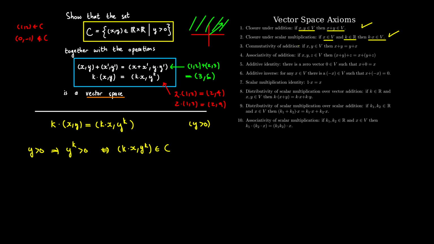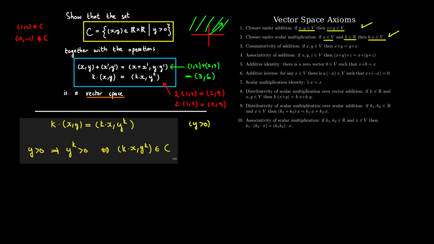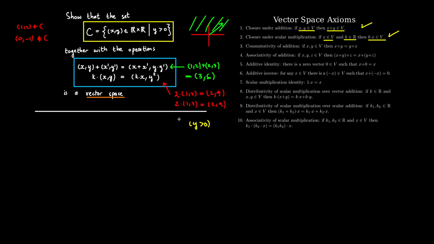Now let's check the commutativity of addition. So we take two vectors. We take here, let's say, (x, y), and we add this in this particular way to this vector (x', y'). Again, we keep in mind that just because these are elements of our set, these are going to be strictly positive numbers.